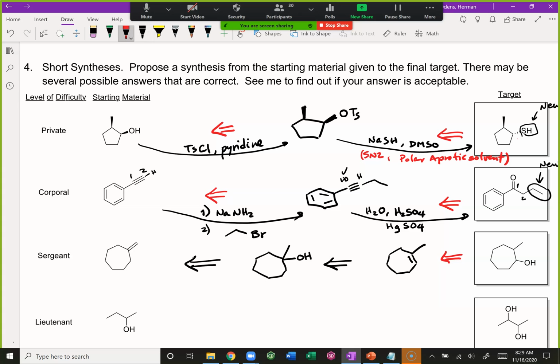All right, going forward. All right, so what would you do here? This is hydrolysis of an alkene. Boom, you make that.